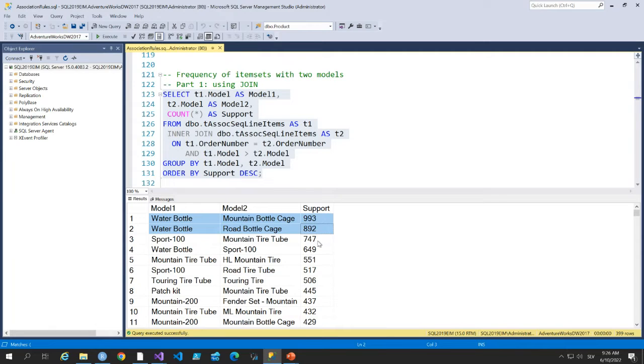Again, let's remind ourselves what we know about water bottle so far. It was the second most frequently sold product. It was also the most negative product. But now we see it really goes well together with other products. So apparently that result that water bottle is a negative product is not important.